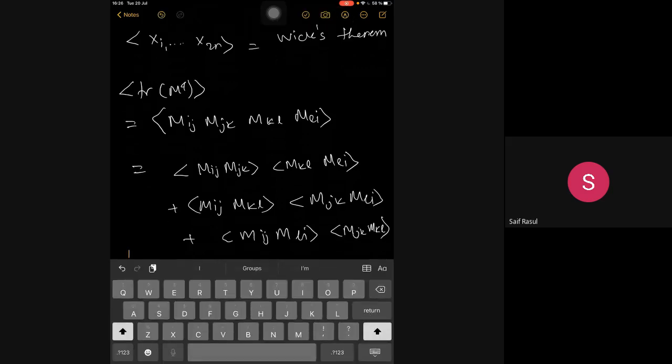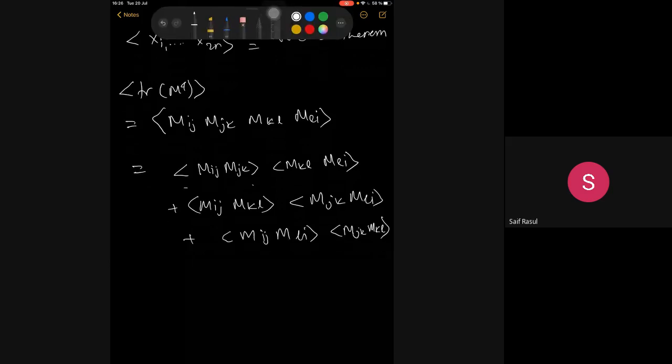So what are the individual 2-point functions? You can write this in terms of delta functions.